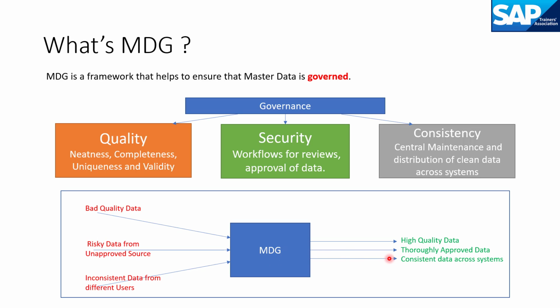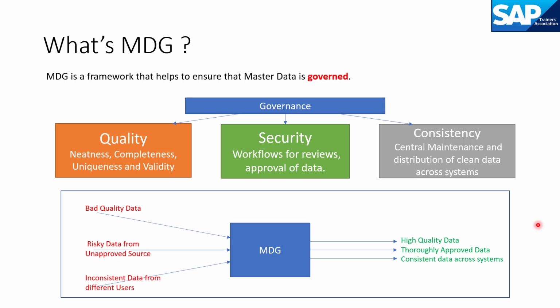It will ensure that it is thoroughly approved by everyone and doesn't get created automatically. Then you enter inconsistent data from different users. Different people can enter different names for a particular customer, and it will ensure that only the unique and consistent data goes across. These are the three basic things that you have to learn how to configure in MDG.